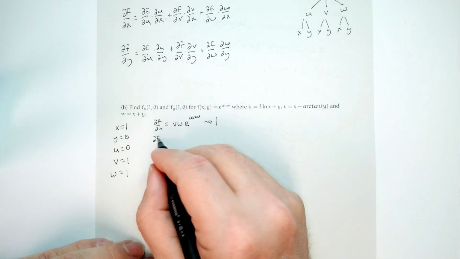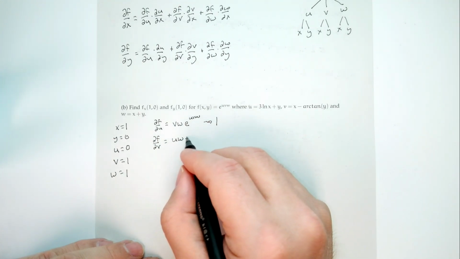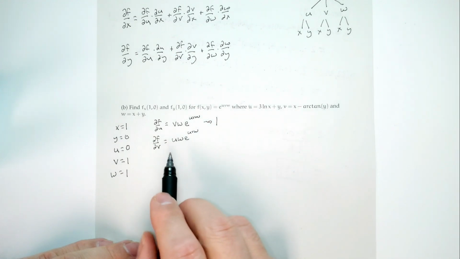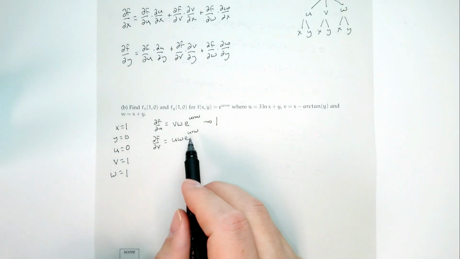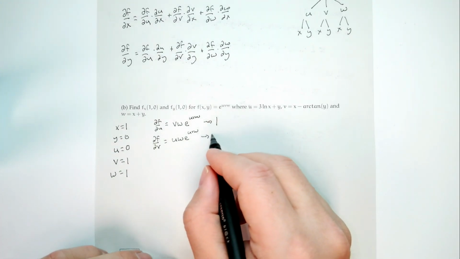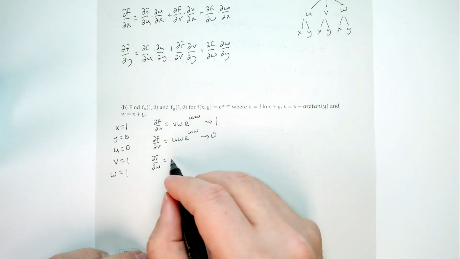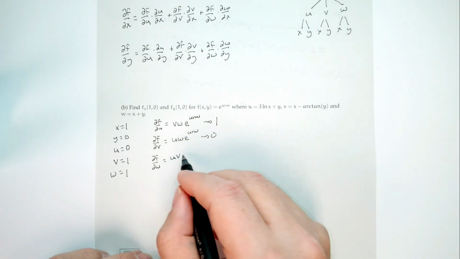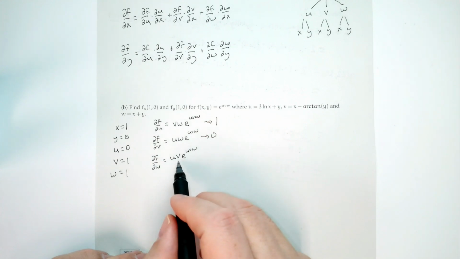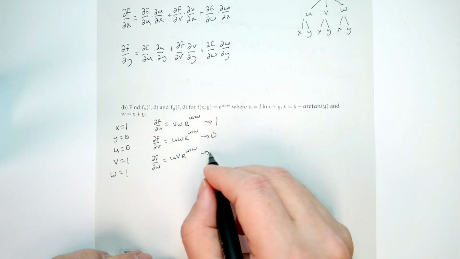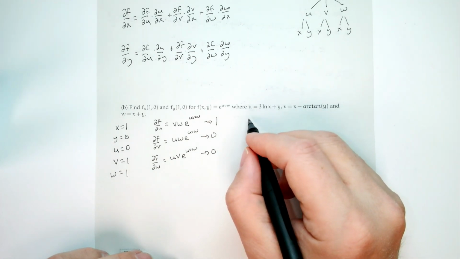How about partial f partial v? Well, that would be uw e to the uvw, which is 0 times 1 times e to the 0. That's going to be 0. How about partial f partial w? Well, that would be uv e to the uvw, which is 0 times 1 times 1, which is still 0.